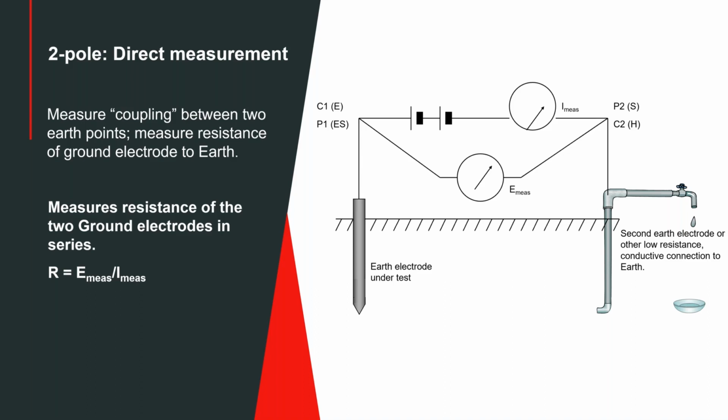And so the dead earth or the two-pole measurement, it is described in the IEEE 81 ground testing standard. It's a better than nothing type of test. It's not very accurate. It's not terribly reliable, but yes, you can use it in an extreme environment where you don't have any other option. Okay, next.